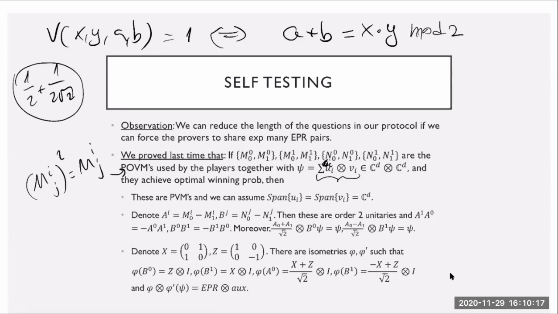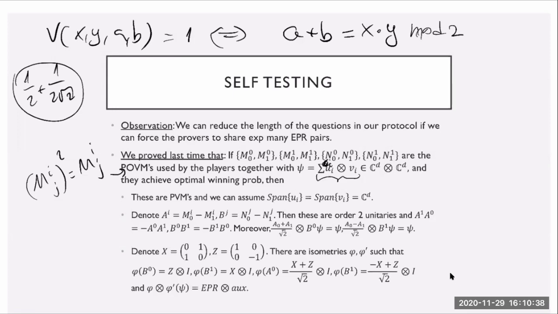And we show that without loss of generality, they can share more bits. So the fact that the span of UI is equal to the span of VI is equal to C to the D was some kind of without loss of generality, but it was the most natural one. We show that if they share more bits, they do nothing on these bits.